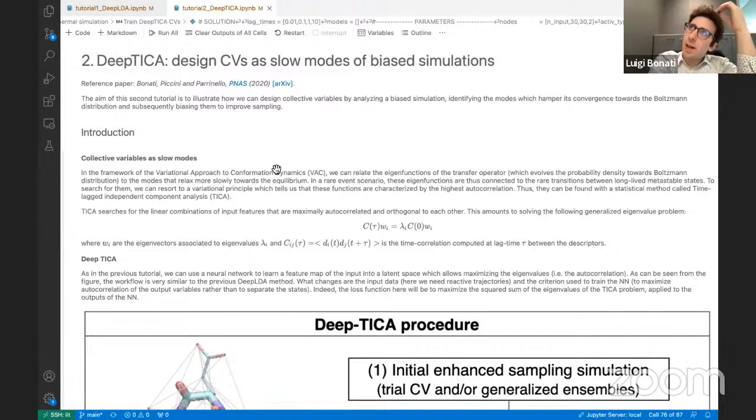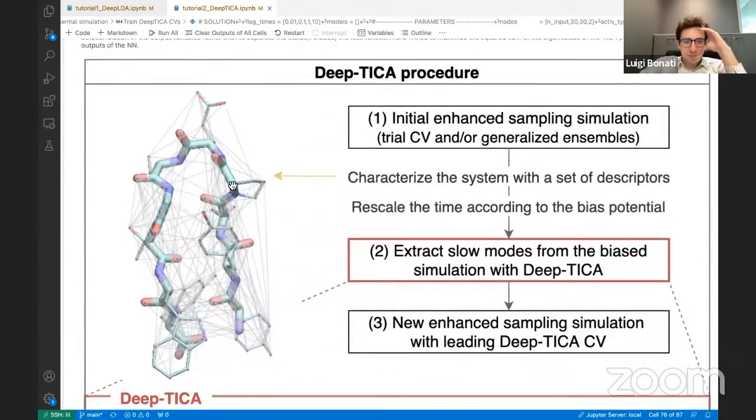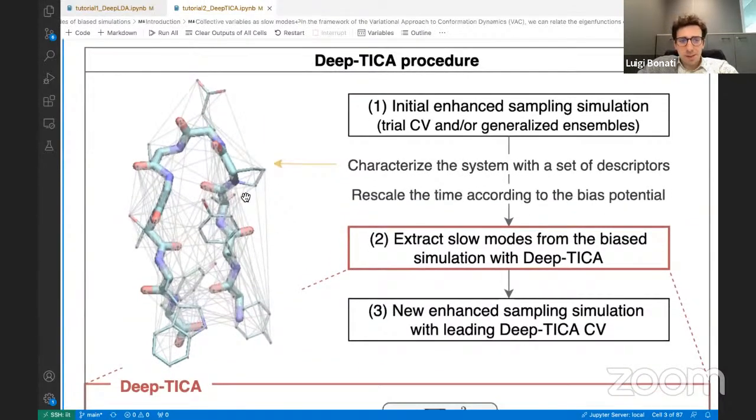You mean from a computational perspective? Yes. That's a good question. For instance, we applied this also to a small protein, which, although small for a protein, is still way larger than the alanine peptide.